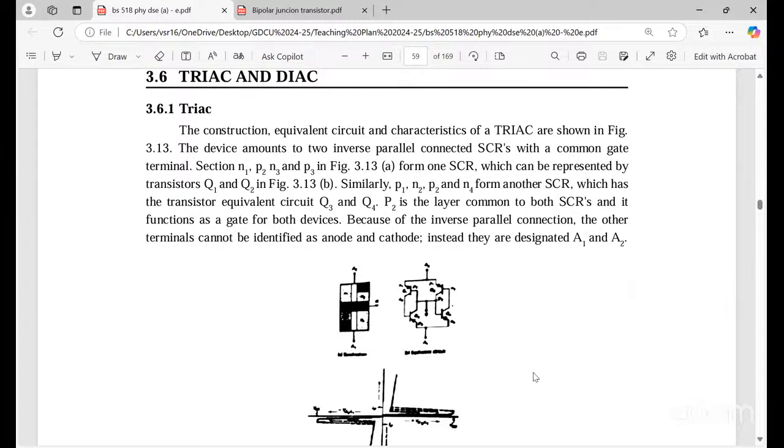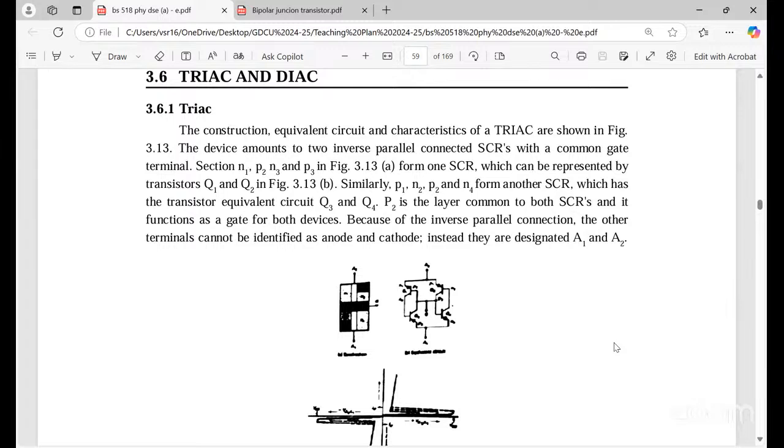Here the sections N1, P2, N3, P3 form 1 SCR, which can be represented by transistors Q1 and Q2. Similarly, P1, N2, P2, N4 form another SCR which has the transistor equivalent circuit Q3 and Q4. So here P2 is the layer common to both SCRs, and it functions as a gate for both devices.